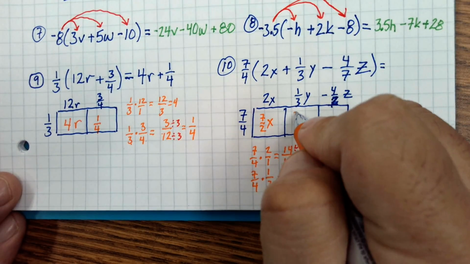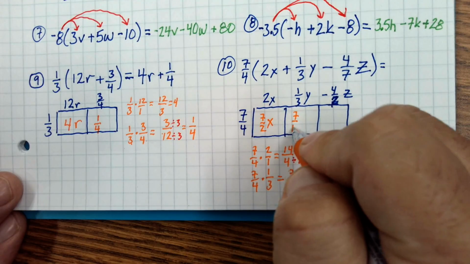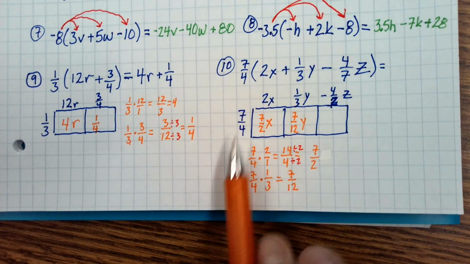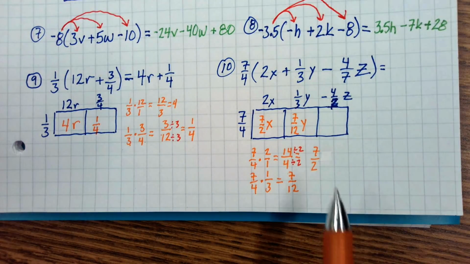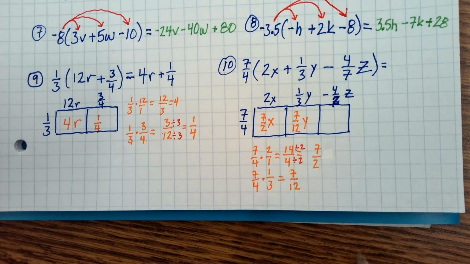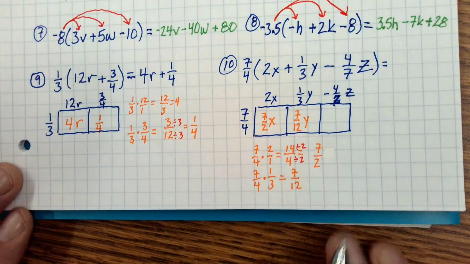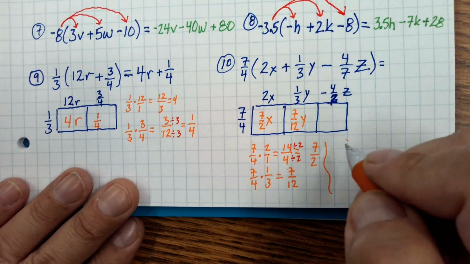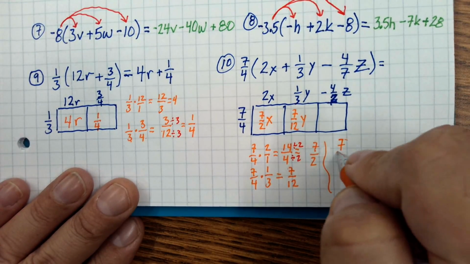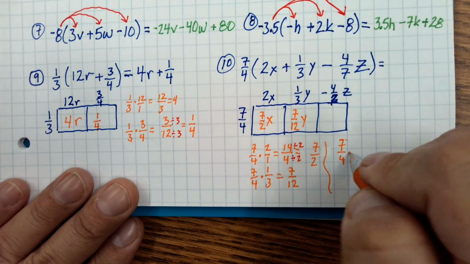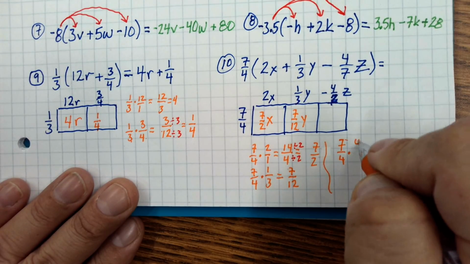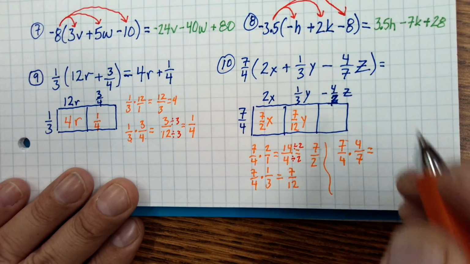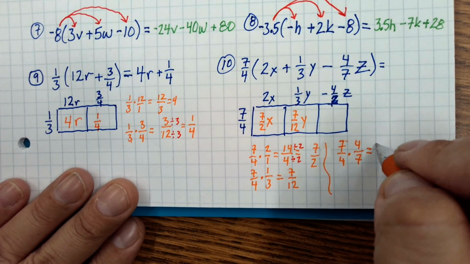So 7/12 y. And then finally, 7/4 times 4/7, and it's going to be negative. We just got to remember that. I'm going to do that one over here. So 7/4 times 4/7, and that's 28/28. Yeah, that's just one.